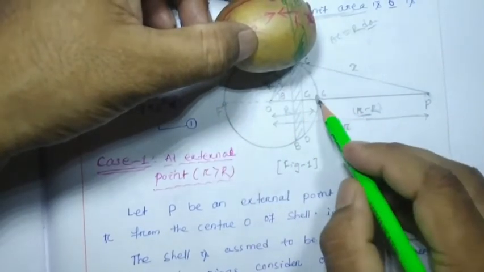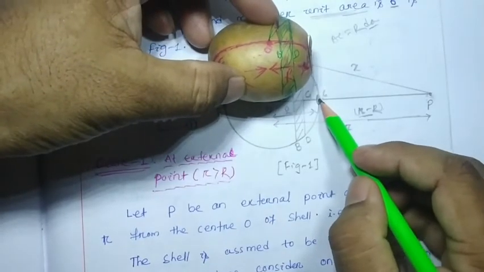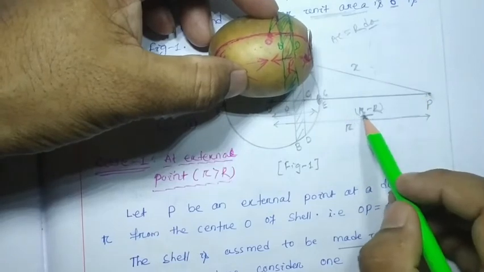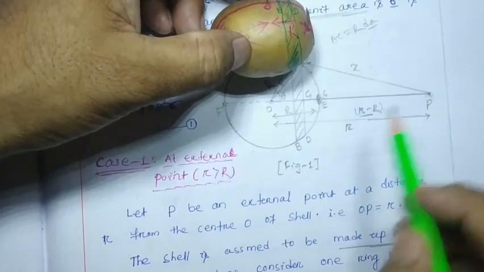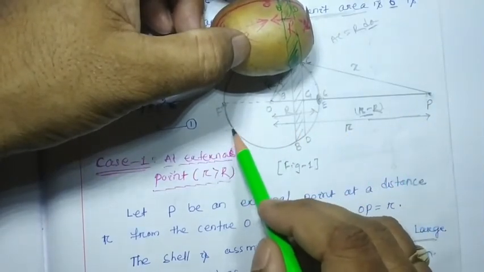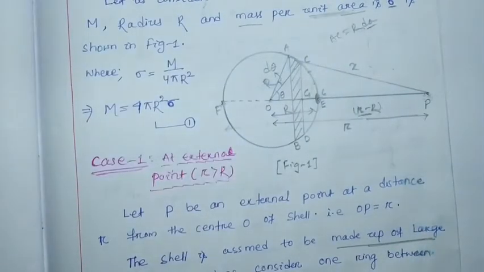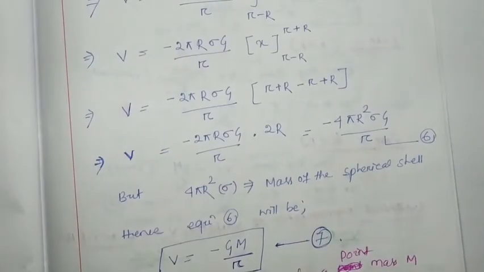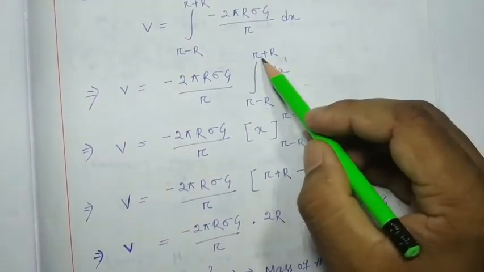If we consider this small ring, the nearest point, then the distance will be r minus R. If we consider the end point, the distance will be small r plus this R. Okay, so the lower limit will be small r minus R, and the upper limit small r plus R, dx.